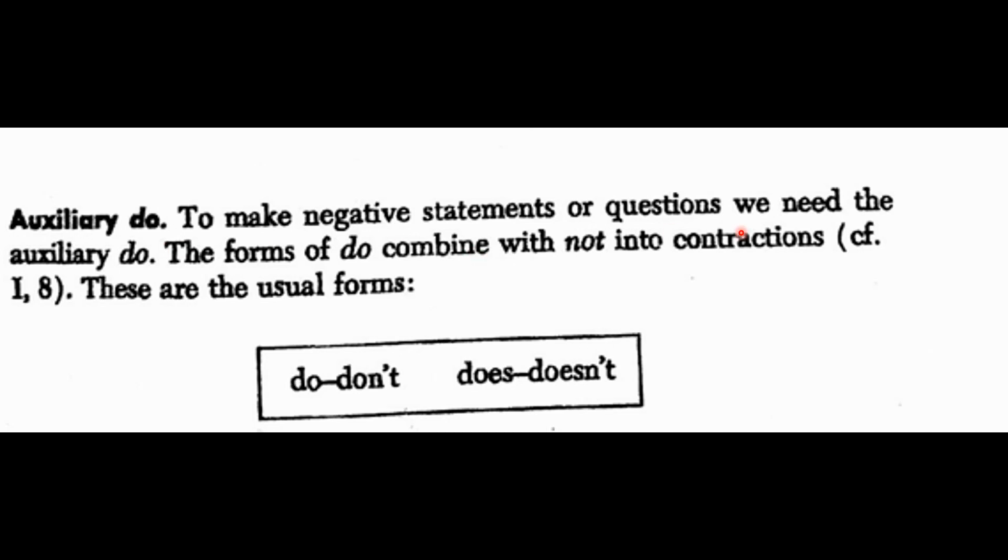In the case of simple present tense, we need to add do or don't. So these are the contraction forms of do and don't. Do, don't is the contraction form. Does, doesn't. These are the contraction forms.